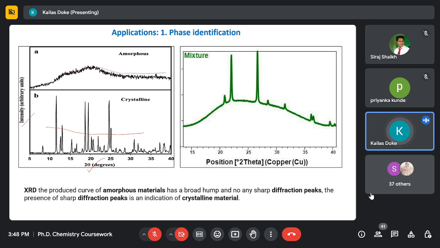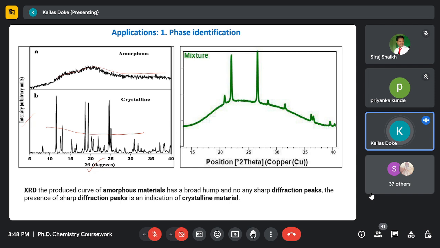So to identify whether our solid compound is crystalline or amorphous, which can be easily identified, just take the powder XRD, see the diffraction pattern, and you can differentiate whether your sample is in the crystalline form or the amorphous form.